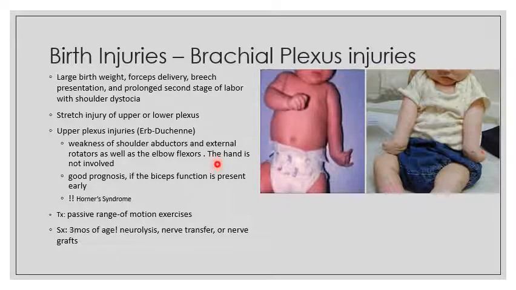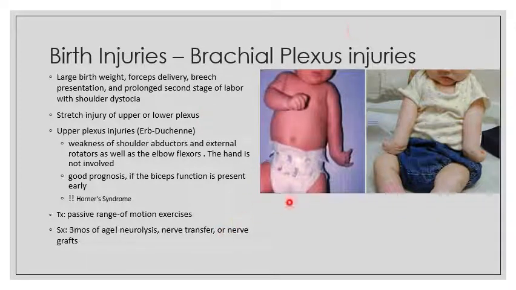But we have to take note that Horner syndrome, which consists of ptosis, miosis, anhidrosis, and enophthalmos, indicates preganglionic injury of your cervical sympathetic nerve. If this happens with this brachial plexus injury, this would mean a poor prognosis.